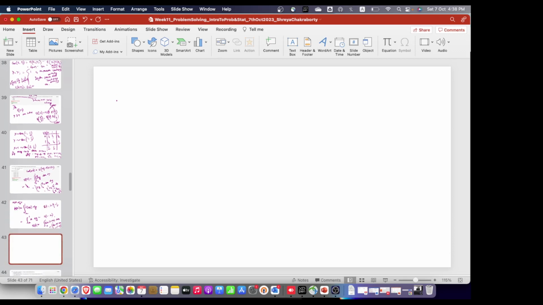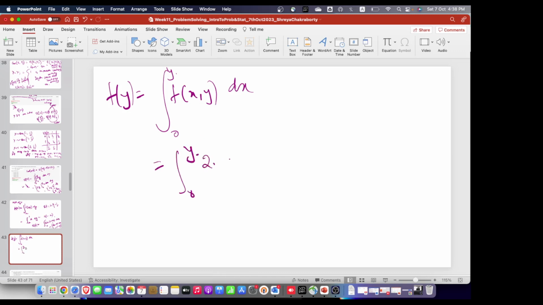And similarly, f(y) is the integral of f(x,y) dx, where x can take values from 0 to y. So this would be the integral from 0 to y of 2 dx, so it will be 2y.